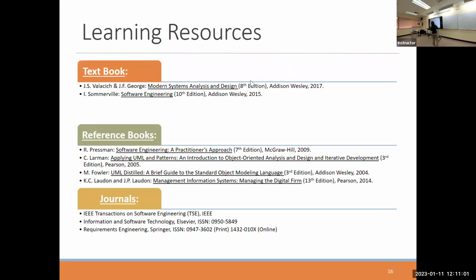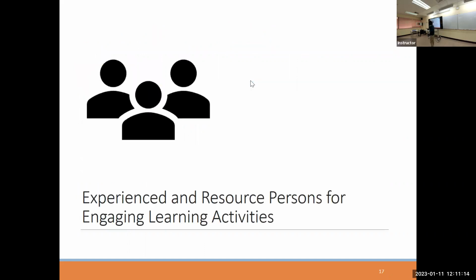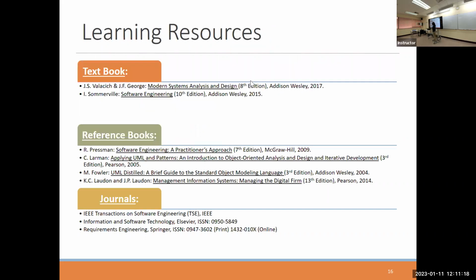Okay, so the learning resources: required textbooks, reference books, and related journals, where we may need to read some of the articles, and so on. And in terms of learning, okay, sorry, I go very fast. There are a number of textbooks.